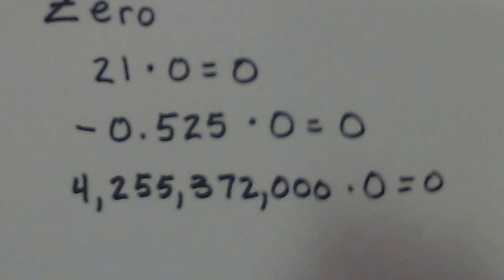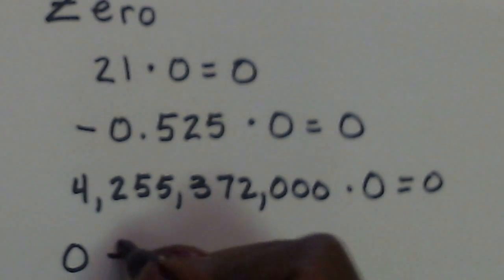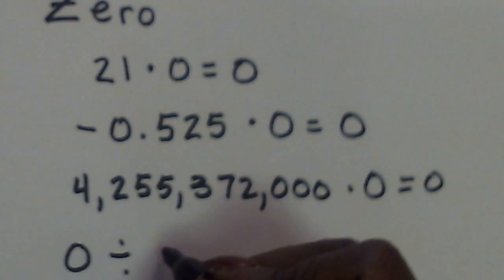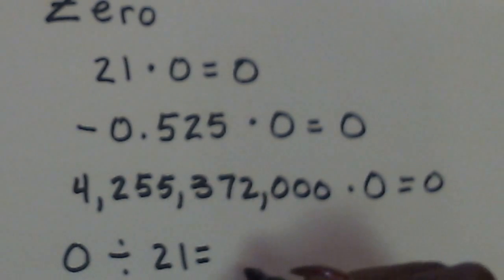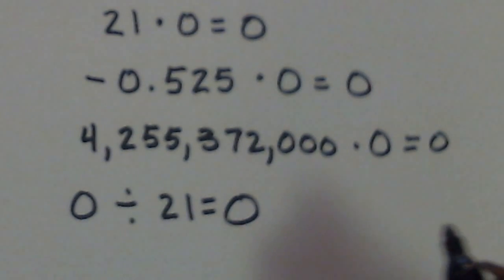Now the other part of it, you have to be very careful with this. It has to be 0 divided by any number. So if I divided 0 by 21, I would get 0. The 0 has to come first.